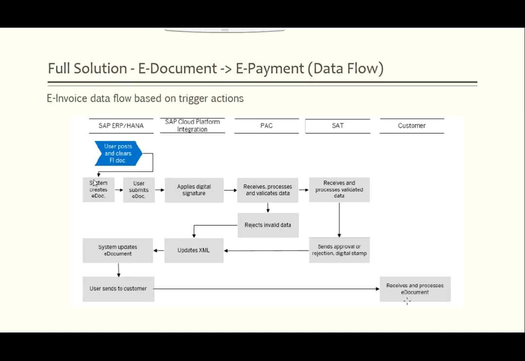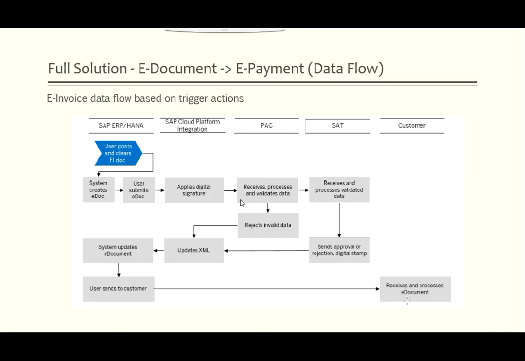And once the user creates the payment document, the system will create an e-document. The e-document or e-payment has to be submitted, and SAP Cloud will apply the signature. Once the data is ready, SAP Cloud will transmit the data to PAC and from PAC to SAT.